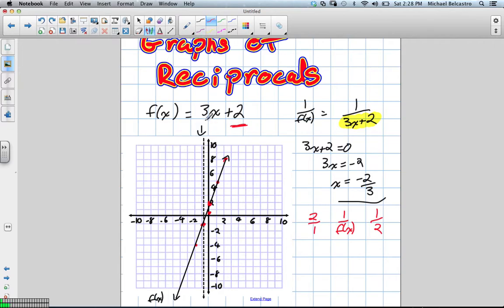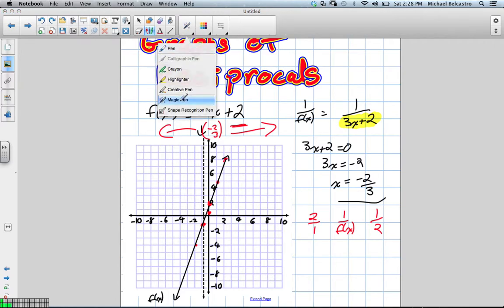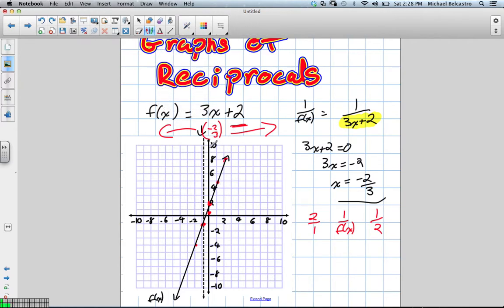Now let's talk about some intervals here. Because this is at negative 2 over 3, nothing exists. Our only intervals are to the left of it and to the right of it, okay? So let's think about this function here. This function itself has to have either positive or negative values. So if we start at this reciprocal and we go to the right, which way was our original graph going?